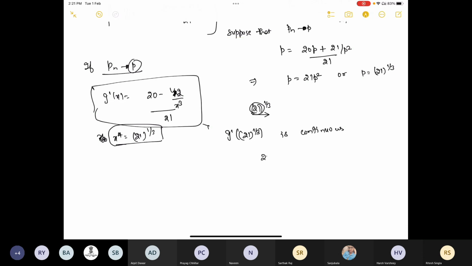So you can always find some neighborhood of 21 to the power 1 by 3, such that, I am saying, from 21 to the power 1 by 3 minus epsilon to 21 to the power 1 by 3 plus epsilon.